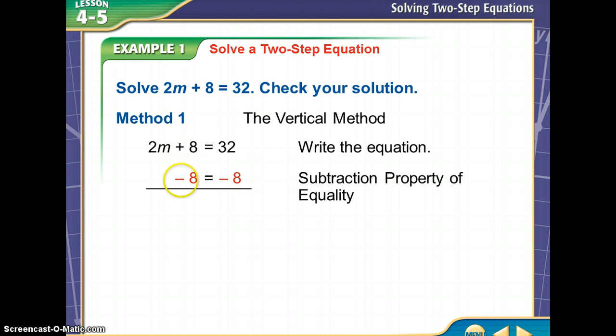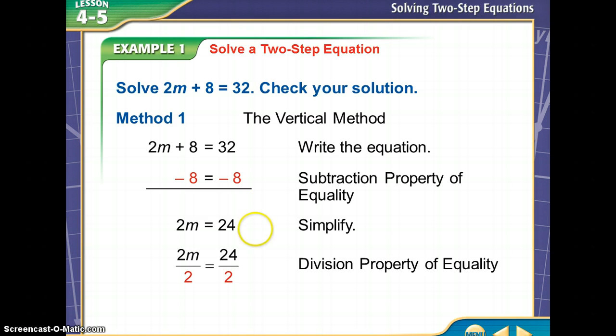So we're going to use the inverse operation. And remember, what you do to one side, you have to do to the other. And we end up with 2m equals 24. And then that becomes just like we did before. We're going to divide both sides by 2 and end up with m equals 12.